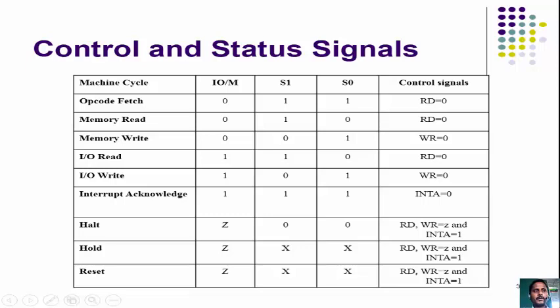Suppose the processor is reading some data or taking some information from the keyboard. That operation is nothing but a data reading operation, or IO reading operation. In this case IO/M bar is 1, S1 is logic 1 and S0 goes to active low, and at that time the RD bar control signal is 0, which indicates an IO reading operation.